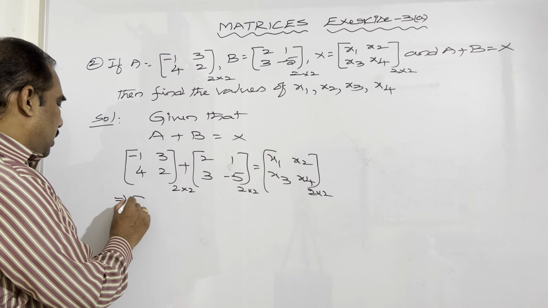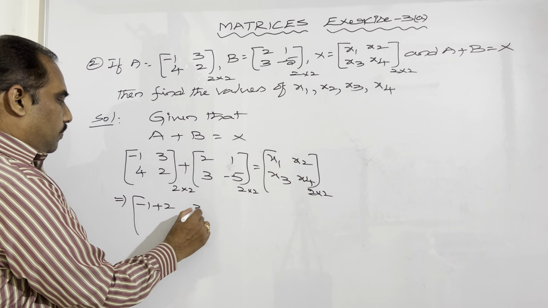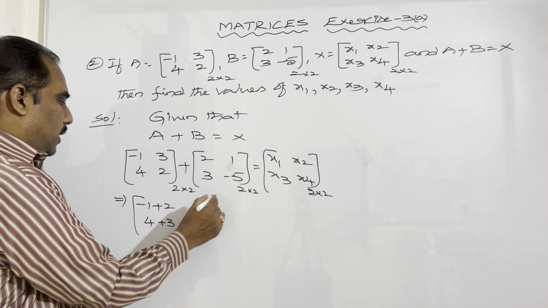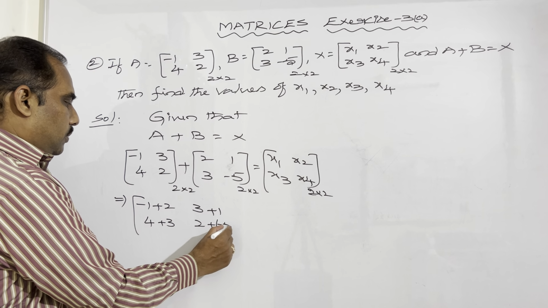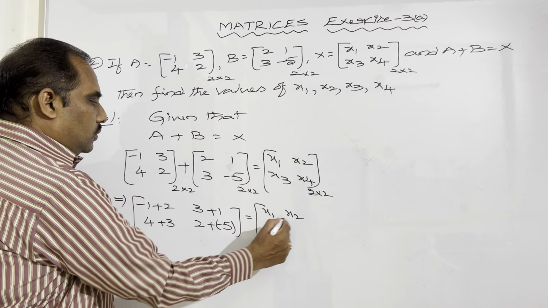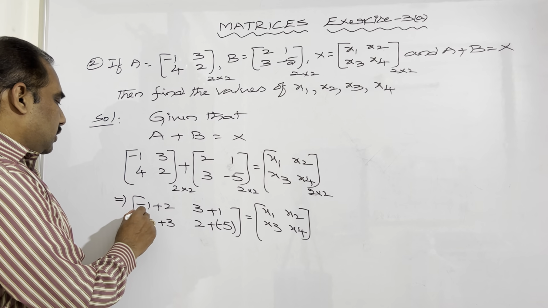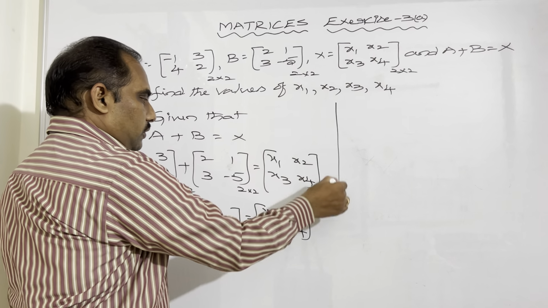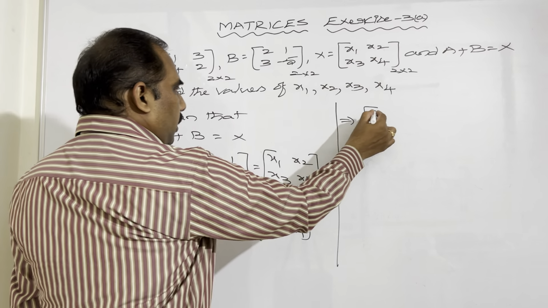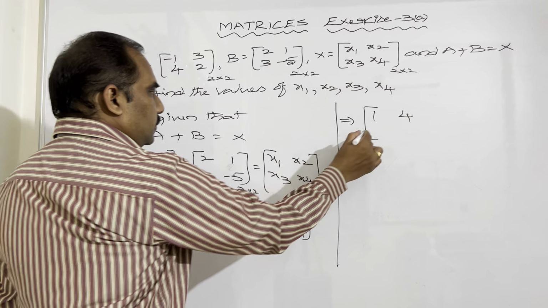We get minus 1 plus 2, 3 plus 1, 4 plus 3, and 2 plus minus 5, which is equal to x1, x2, x3, x4. So minus 1 plus 2 is 1, 3 plus 1 is 4, and 4 plus 3 is 7.